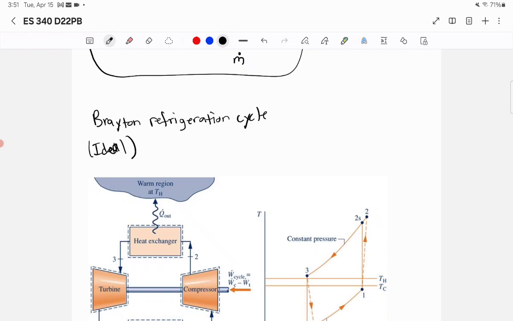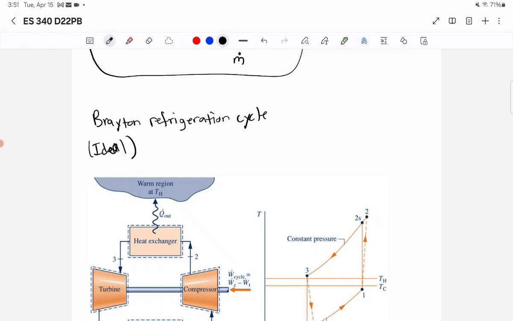Not something that we're going to really cover so much here, but just know that this is one example. The Brayton power cycle, going in the reverse direction, is something that can be found for jet engines, as an example.